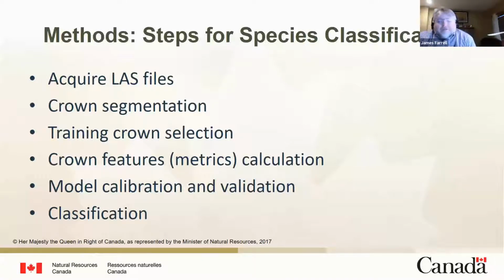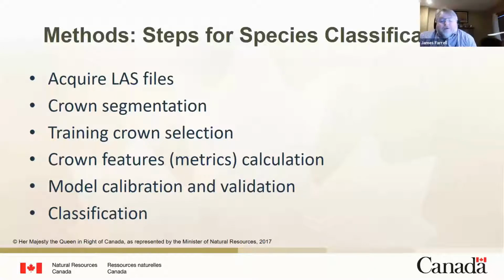The next step would be crown segmentation. This can be done through a variety of methods, from manual to open source software. Step 3 would be training crown selection. Species must be identified for the corresponding crowns that were segmented or delineated.